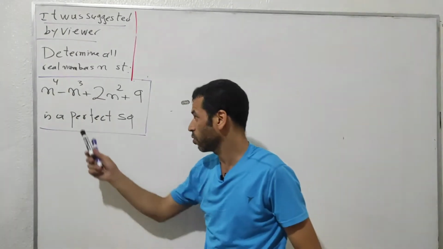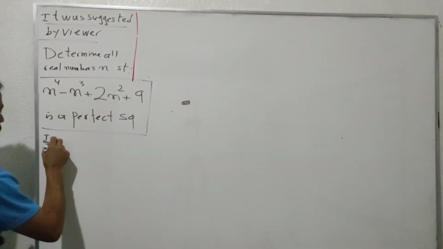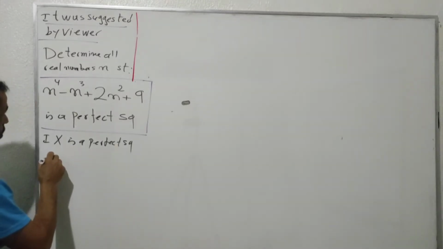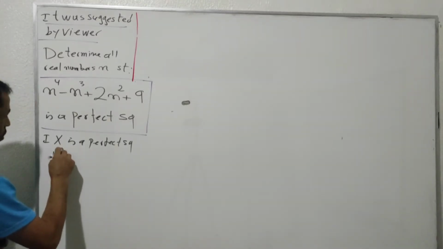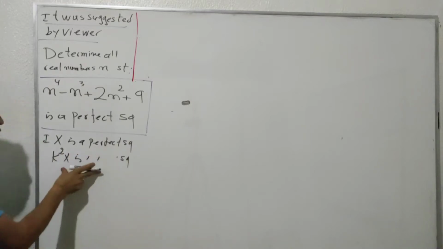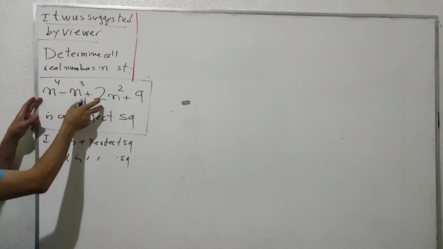Now we are going to fix this by applying the following: if x is a perfect square, then x multiplied by q squared is also a perfect square. We're going to apply this here. So which number is convenient to construct a perfect square here?